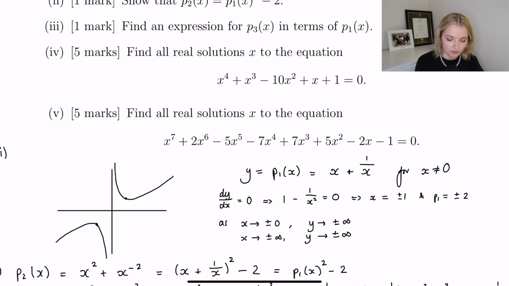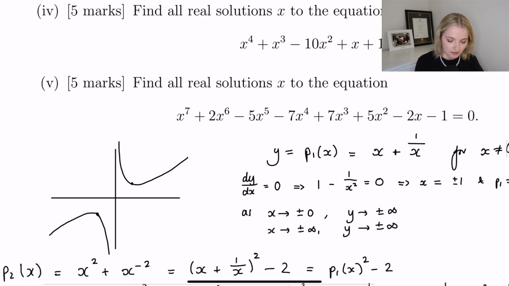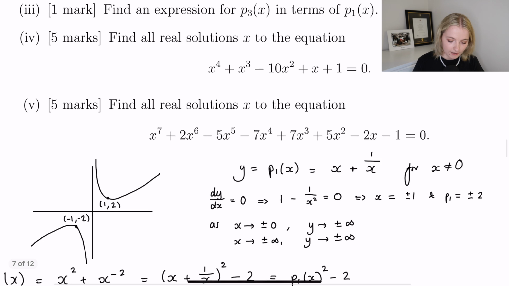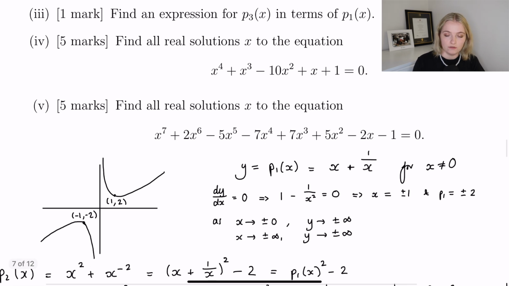So I should label on the sketch here that we had x as 1, 2, and this is minus 1, minus 2. Amazing.